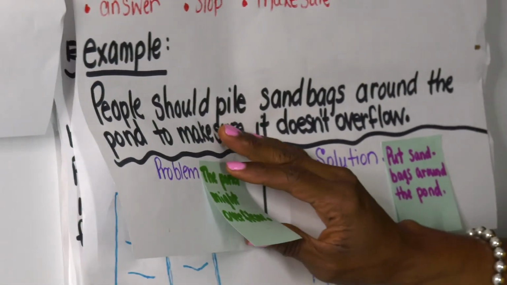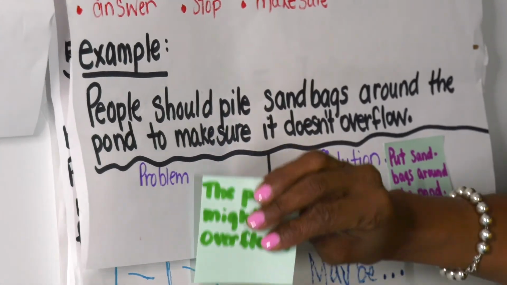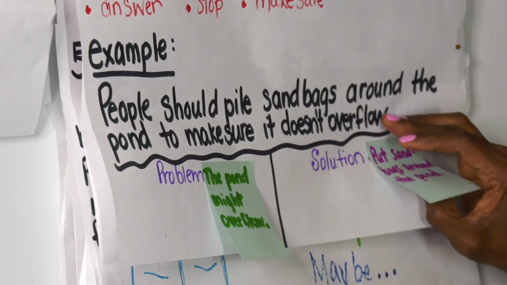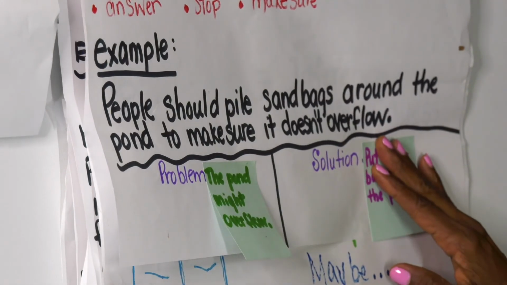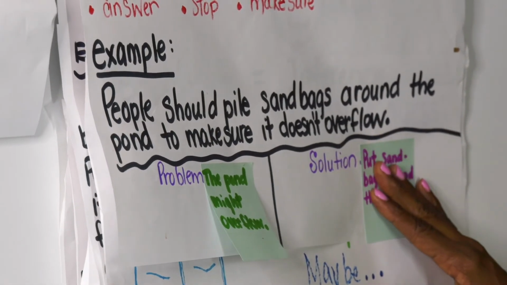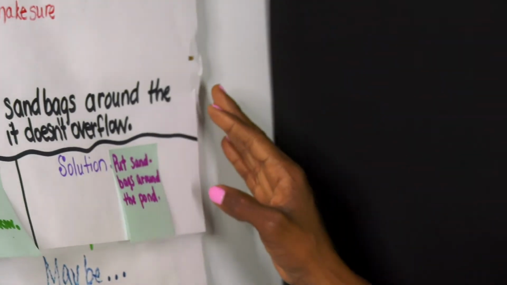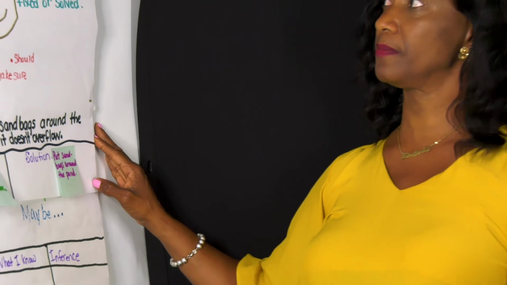Okay, boys and girls. So what I want you to do right now, turn and tell your neighbor, your partner, whoever it is, if you have a little brother or little sister, let's recap on problem and solution. I can match problems with their solution.